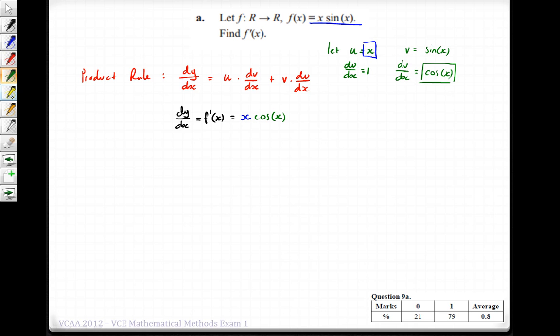And then we need to add on to that v, which is sine x, multiplied by du dx, which is just 1. So that's that guy. We had v in orange, cos x, which is dv dx in green, and u in the blue. So if we just neaten that up, that means that f dashed x equals x cos x plus sine x.